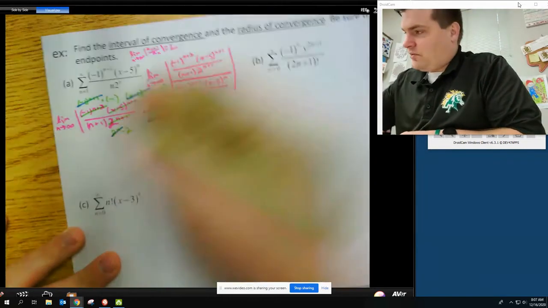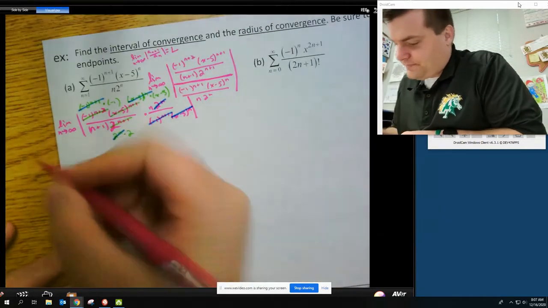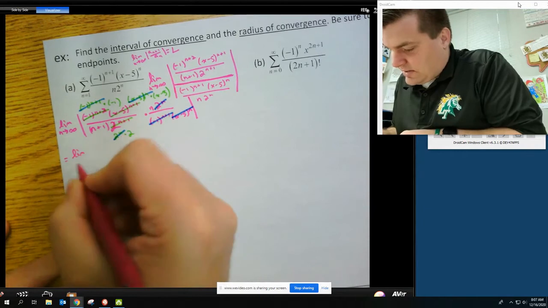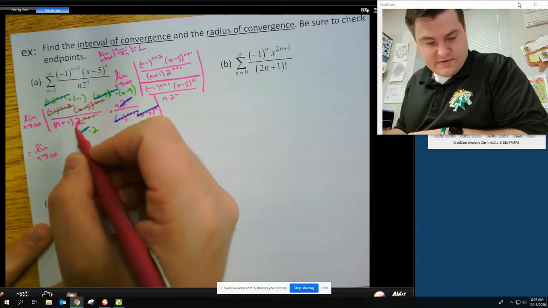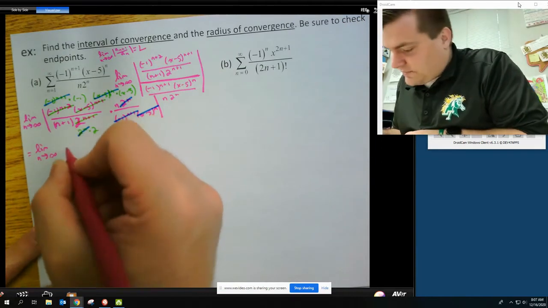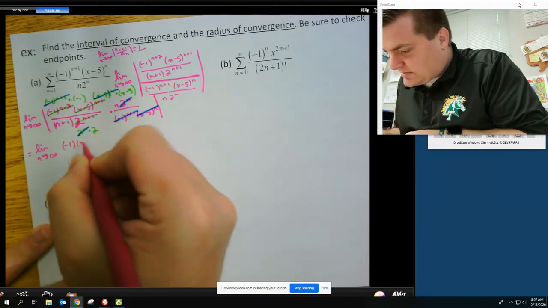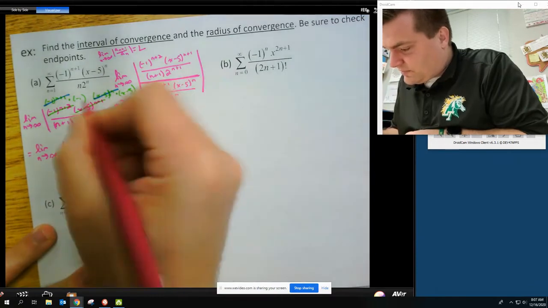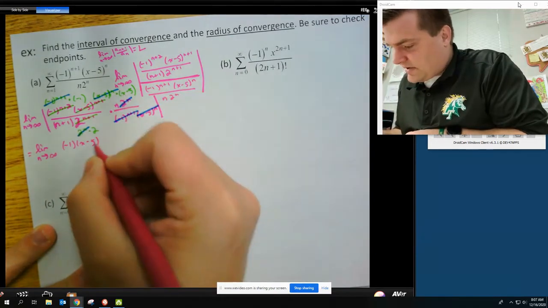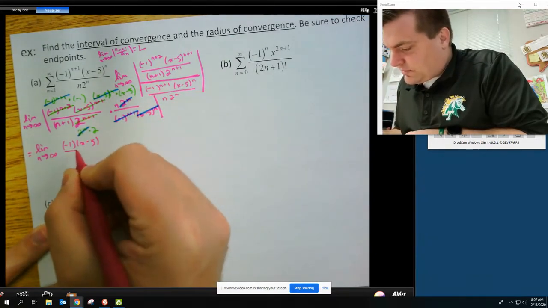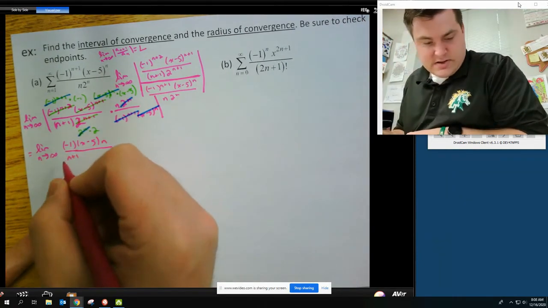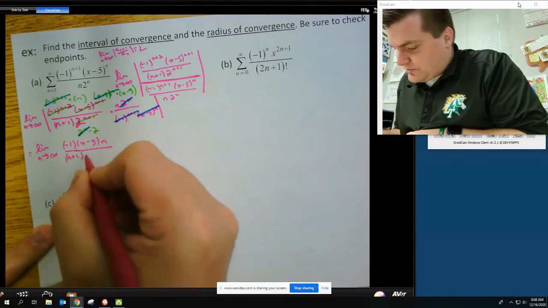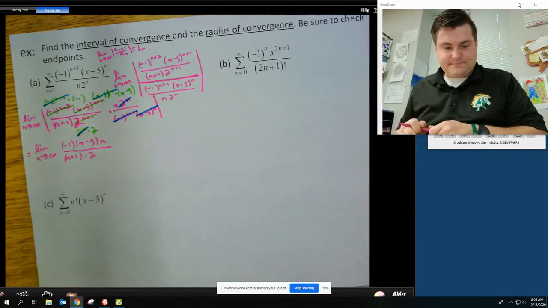So this is going to equal the limit as n approaches infinity of, let me check my work here, negative 1, x minus 5 is still left over, and times n. On the bottom, I have n plus 1 times 2, and that's it.